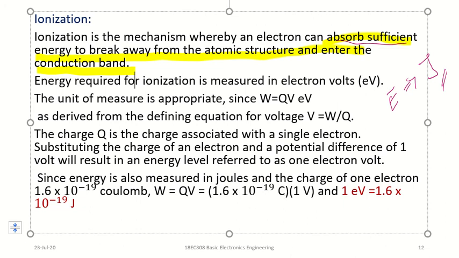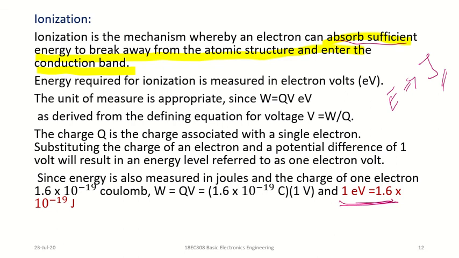So 1 electron volt is 1.6 into 10 power minus 19 joules. Remember, in semiconductors we measure the energy in electron volts, not in joules.